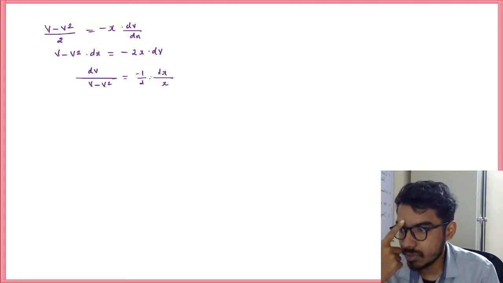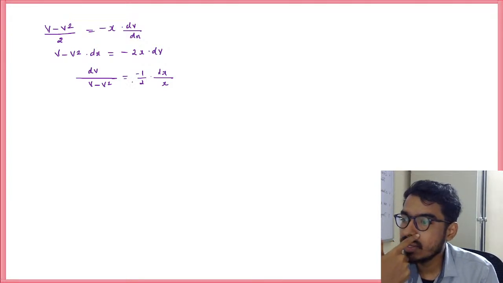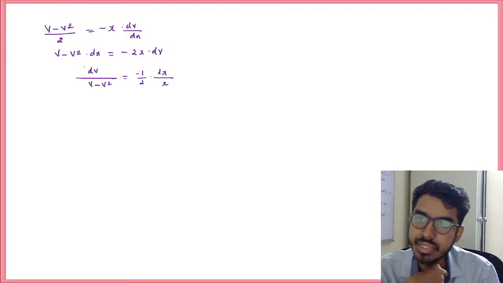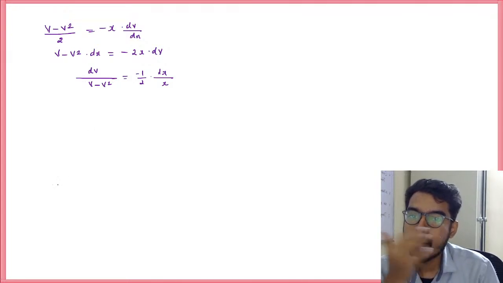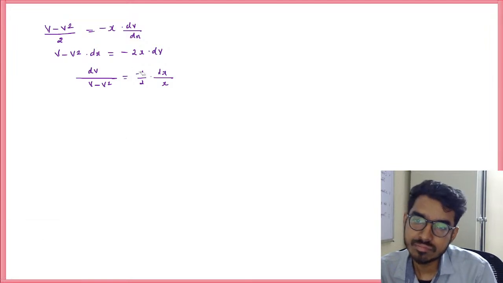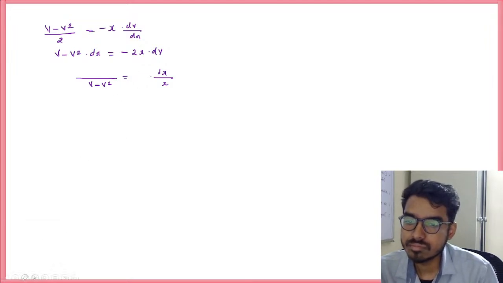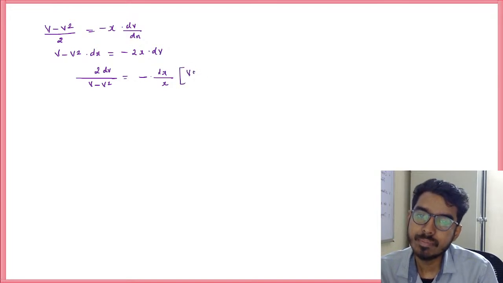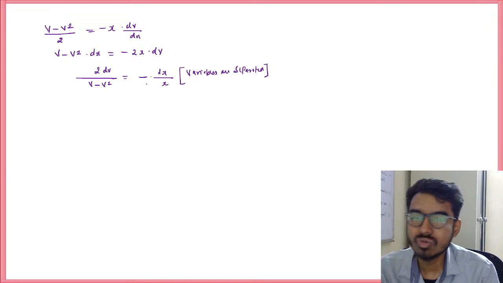Or you can also keep the 2 here: 2 into v minus v square. Let us keep this 2 here. So you can see the variables are separated. You can keep 1 by 2 here also, no problem.